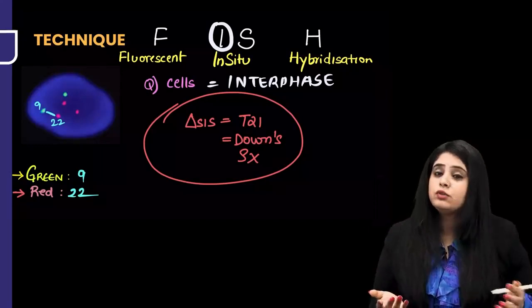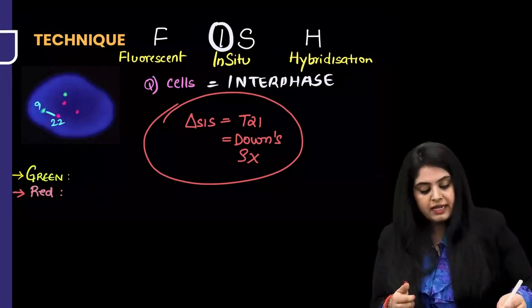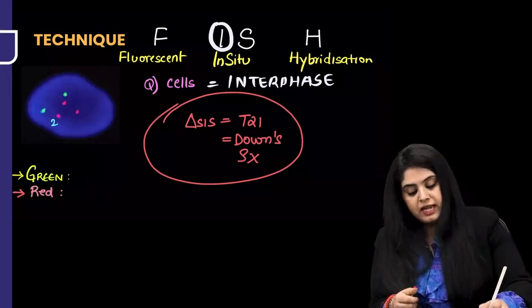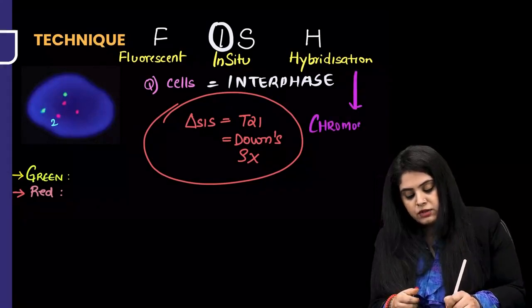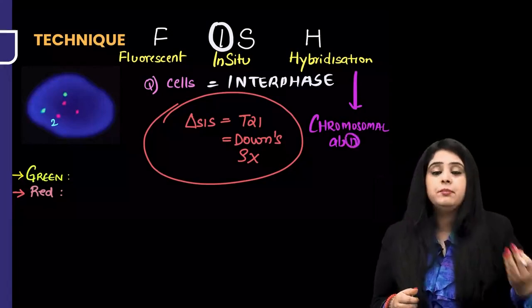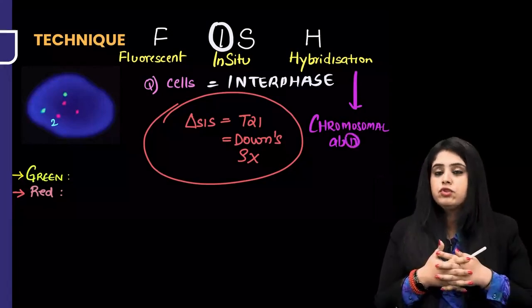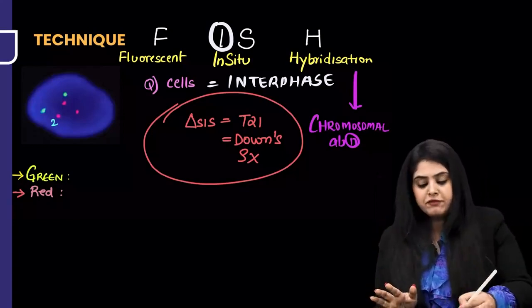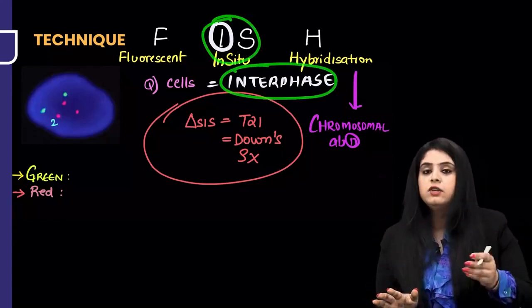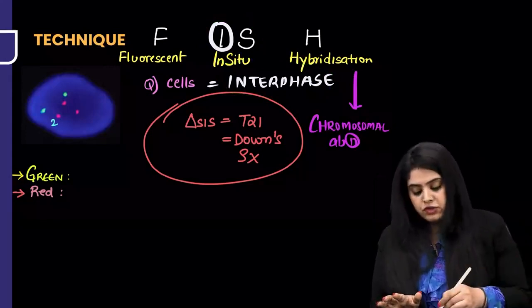Translocation 9;22. So the basic concept is that I can use this technique for any kind of chromosomal abnormality, whether I want to see a number problem or translocation, fusion problem, anything chromosomal, I can do FISH. And for FISH, the phase that I will use is interphase. So FISH is also done.